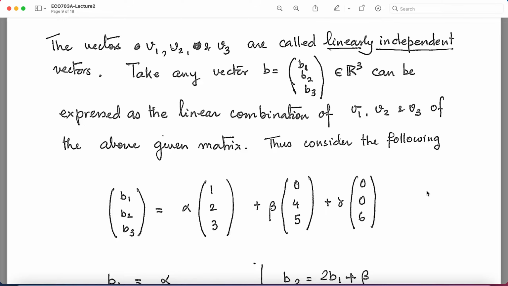Now, these are 3 independent directions.